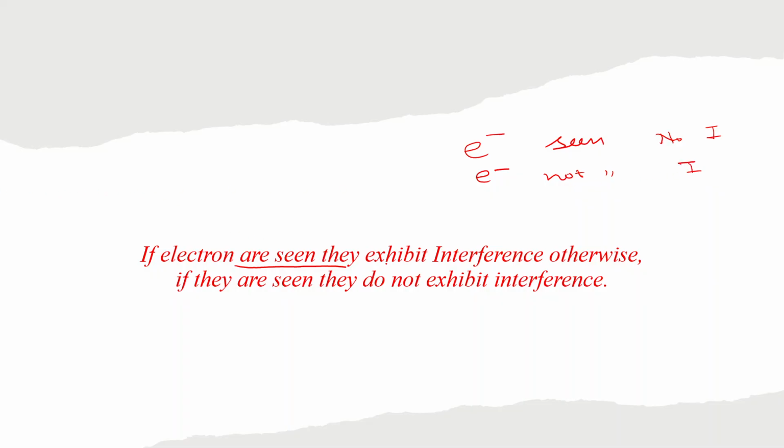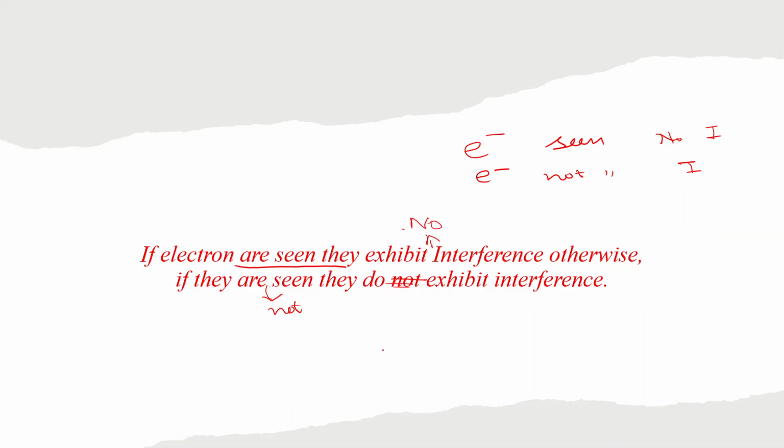So if electrons are seen, they exhibit no interference, otherwise if they are not seen, they do exhibit interference.